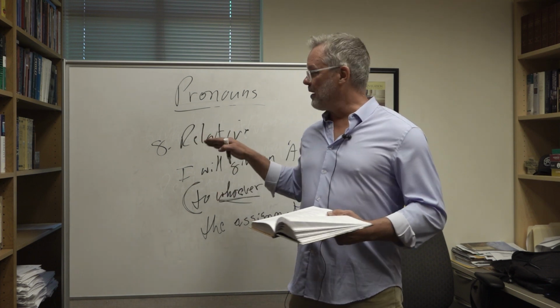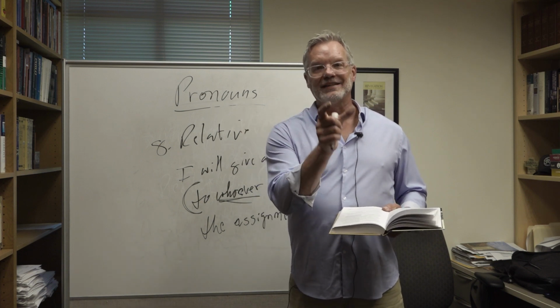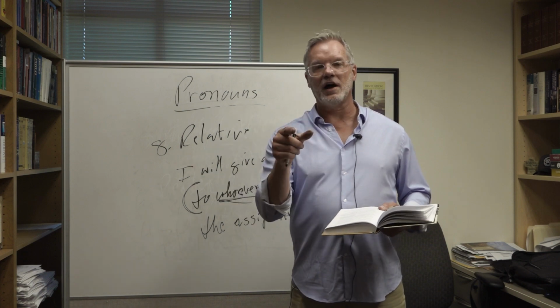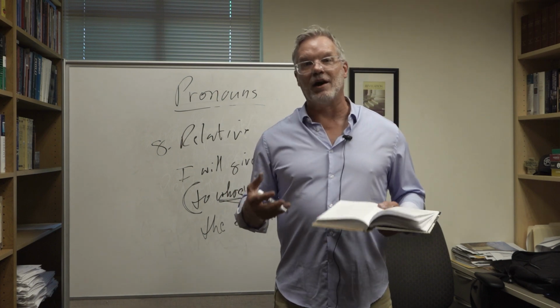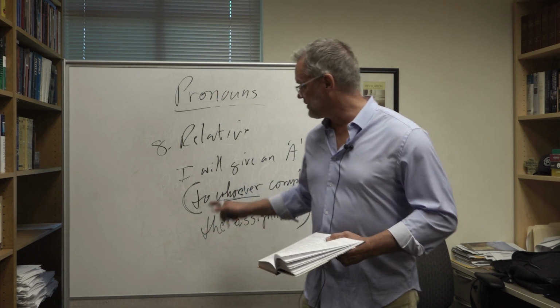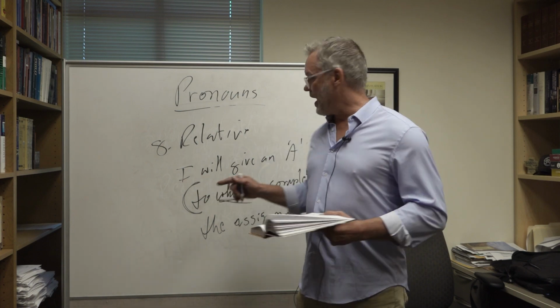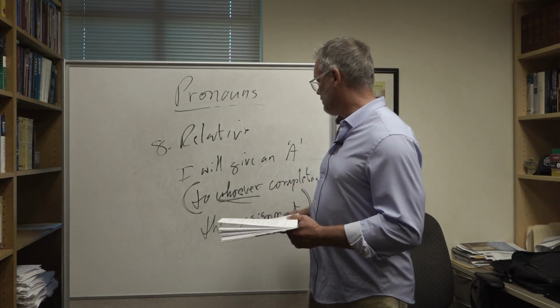So the first example I showed a minute ago, the relative clause modifies a noun: I talked to the student who was in the library. But now the relative clause is not modifying a noun, it's acting like a noun. In this case, it's the indirect object telling to whom I will give the A, to whoever completes the assignment.